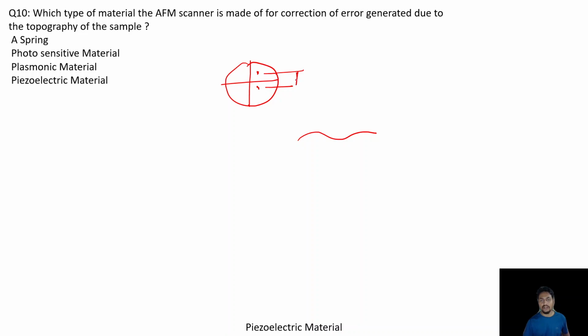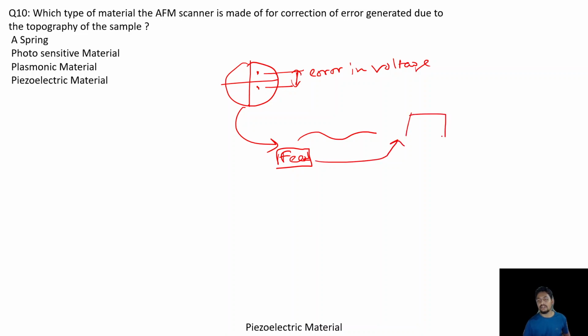This is the error in voltage, and it goes towards the feedback, and then the piezo scanner changes. So the correction of error is done by the piezo material, right?